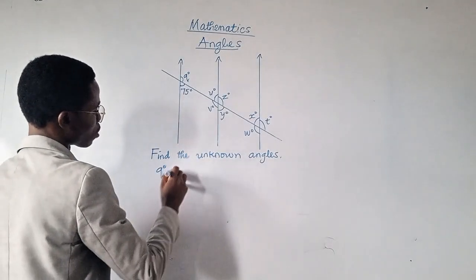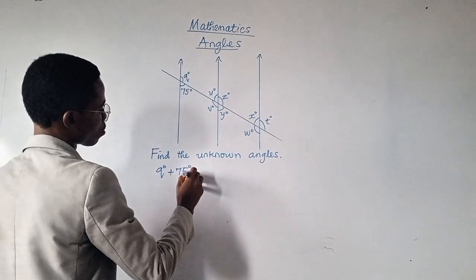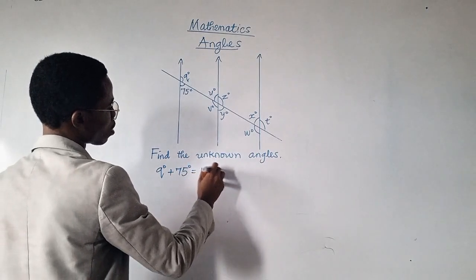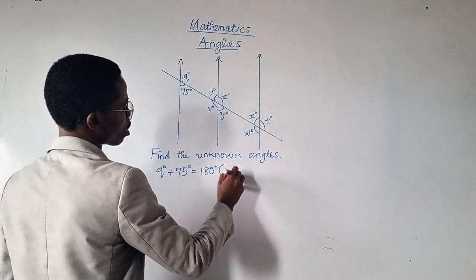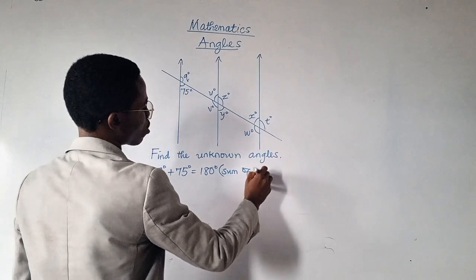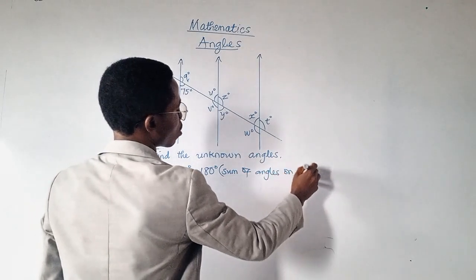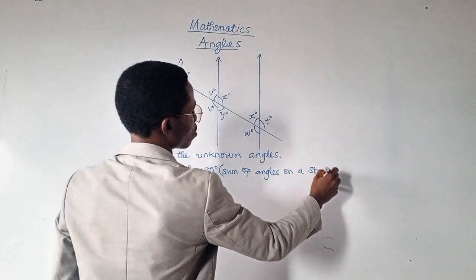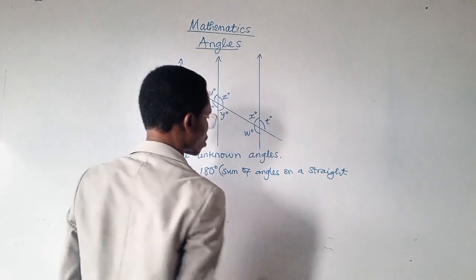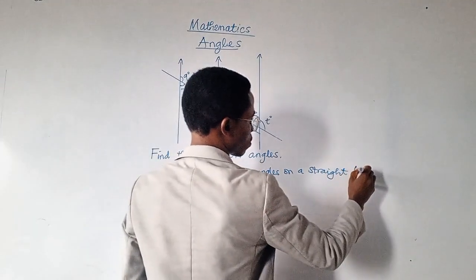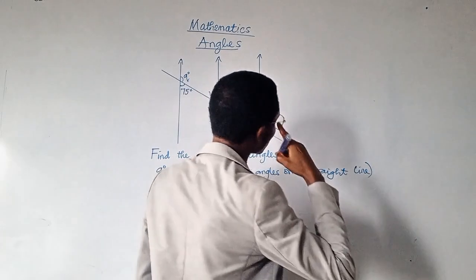Q plus 75 equals 180 degrees, a sum of angles on a straight line.